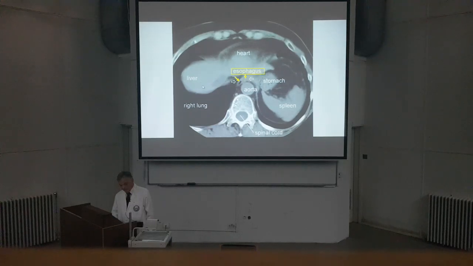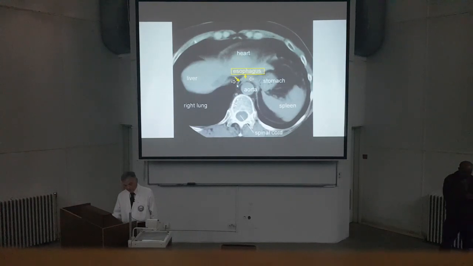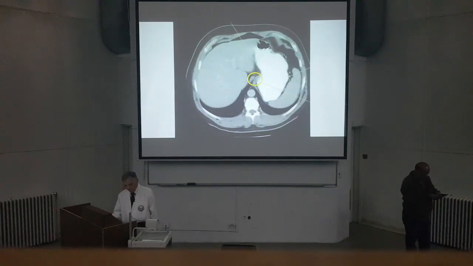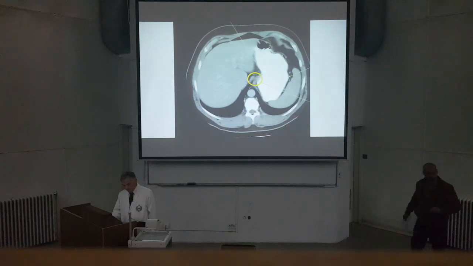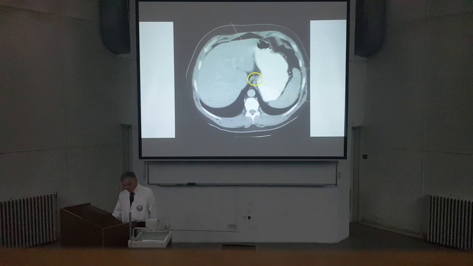Where is the esophagus? You go to the vertebrae, okay? You go to the aorta, and you see it just lateral to the aorta. Nice, rounded, collapsed tube. Posterior, anterior, that's the liver.